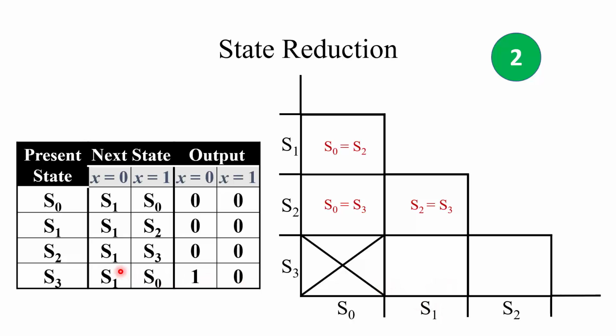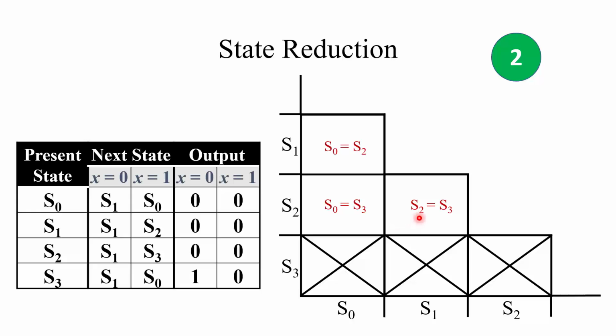In the comparison of S1 and S3, of course, we can simply see that the outputs differ, so we'll mark a cross here. Similarly, if we look at S2 and S3, the outputs differ as well for the input low case, so we'll mark this also with a cross.